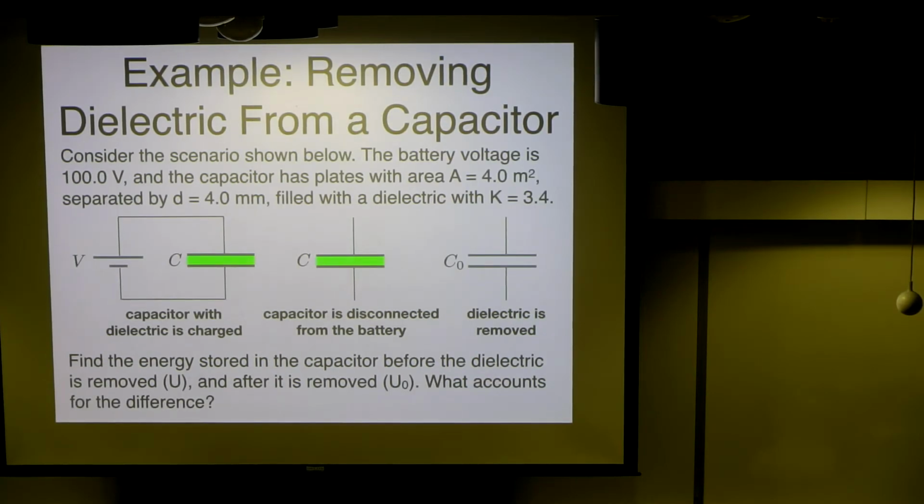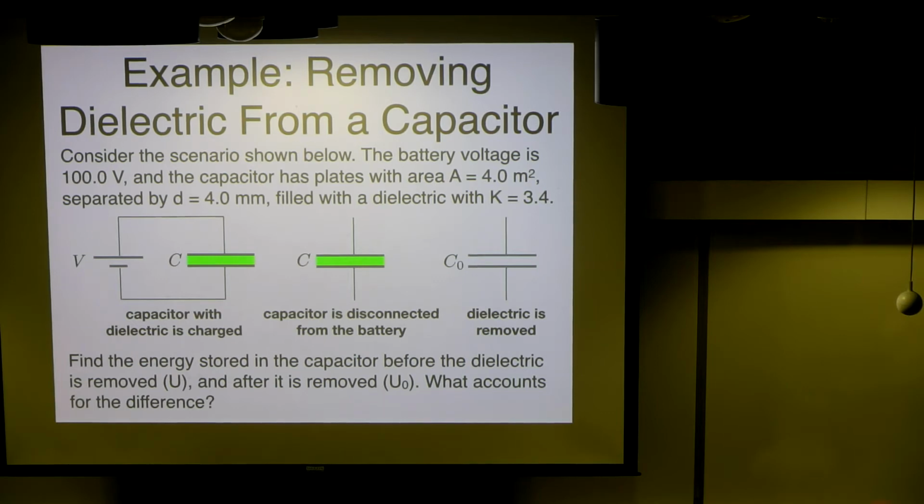All right, so this one is just one of these examples. Here's the scenario. We're going to remove a dielectric from a capacitor in this case. So in this example, we're going to consider this very simple circuit shown in the diagram.